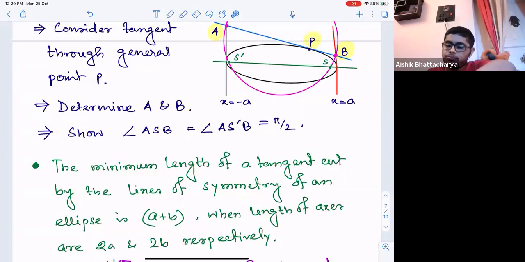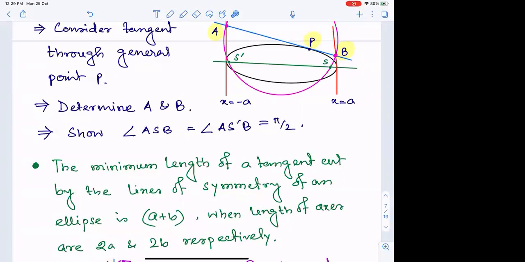And if it is a result true for every ellipse, we will try to establish it for the standard ones, because over there calculations are going to be easy, whereas it is a physical measurement based relation, right? Yes, sir. So if we can establish that this is true for the standard ellipse, it doesn't matter whether horizontal or vertical, in that case it will be true for all others.